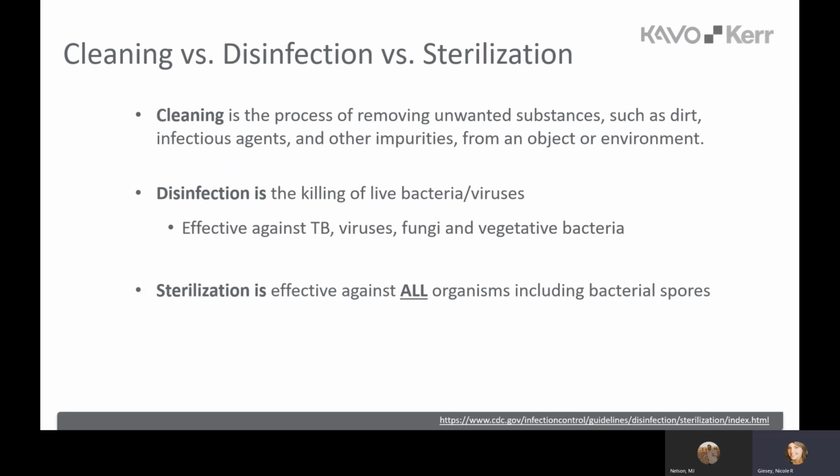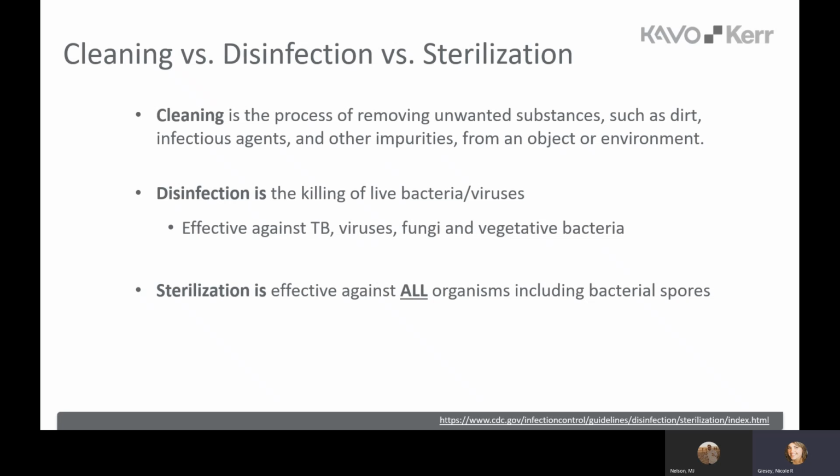So how are we speaking about surface disinfection? First, we kind of have to define the three key things when it comes to cleaning, disinfection, and sterilization, because these words are kind of used interchangeably, but they distinctly mean something different. So cleaning is the process of removing unwanted substances such as dirt, infectious agents, and other impurities from an object or environment.